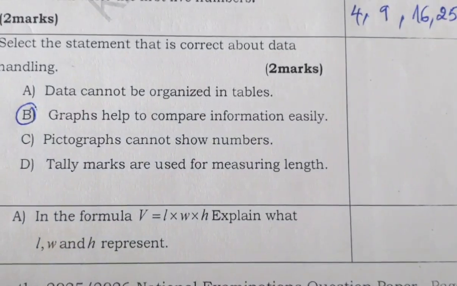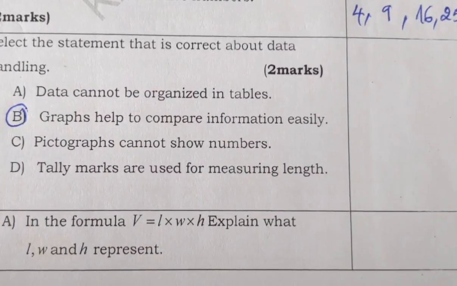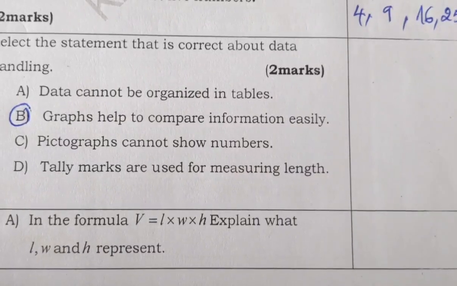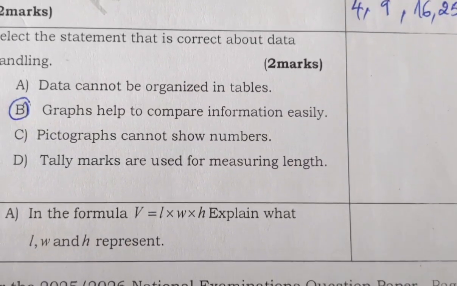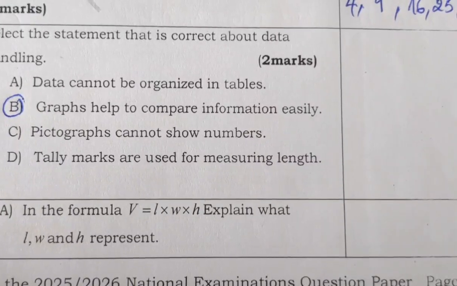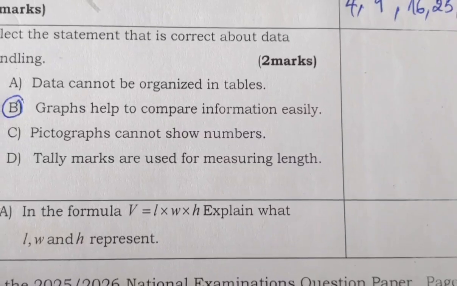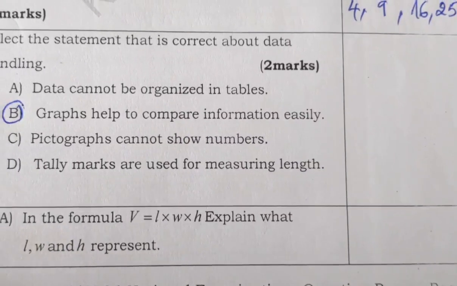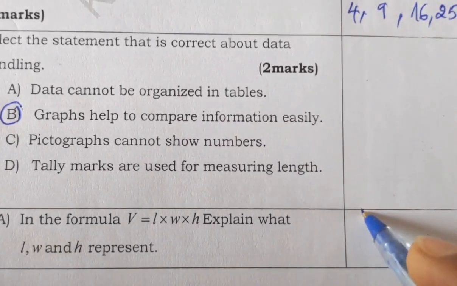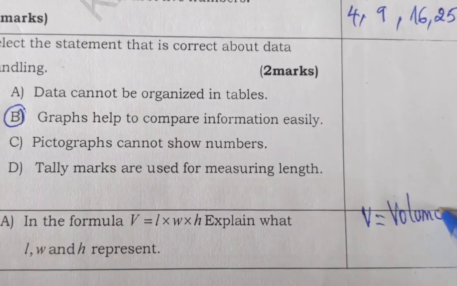And then in question 25, in the formula V is equal to L times W times H, explain what L, W, and H represent. Here to mean that you are going to show what each letter here symbolizes. Here, V, we can say it is a volume.